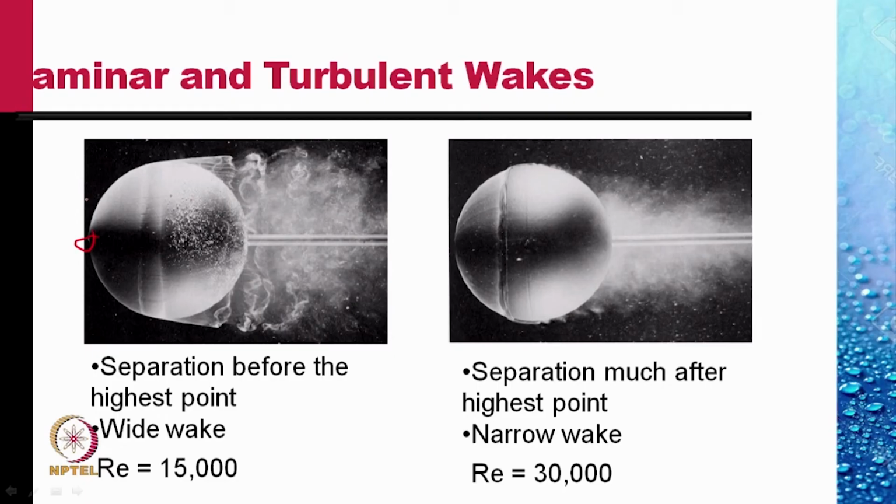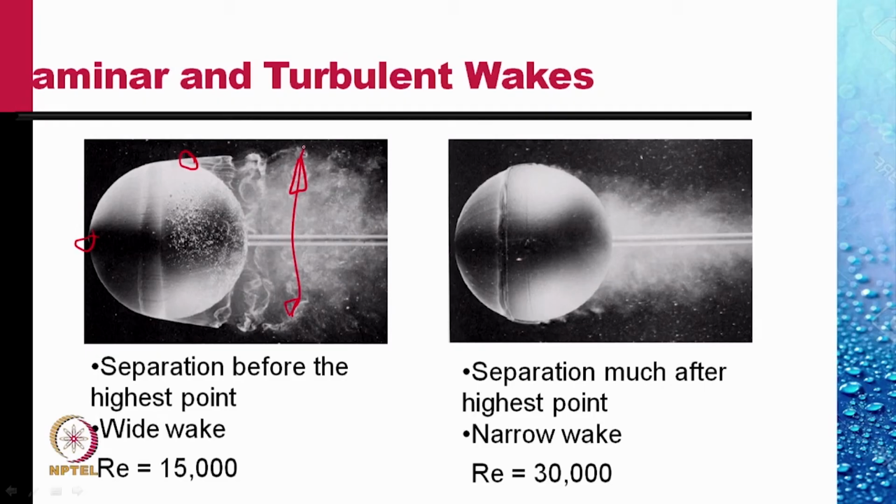And for a Reynolds number of 15,000, we see that the flow separates at about this point, slightly before the highest point. This results in a wide wake where the smoke is being distributed. This large-scale disturbance results in large drag on the sphere.